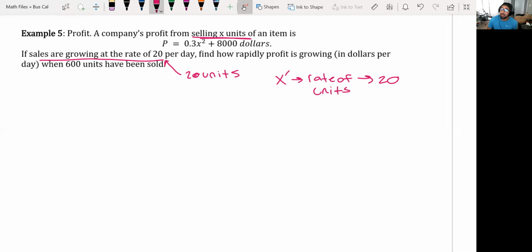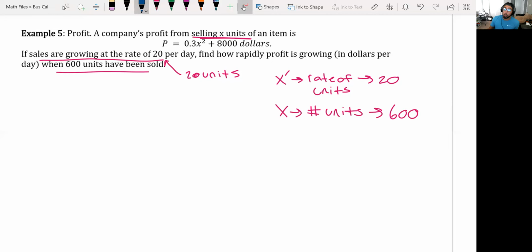And then it says, find how rapidly profit is growing in dollars per day when 600 units have been sold. So remember that X represents the number of units, and this means we have sold 600 units.